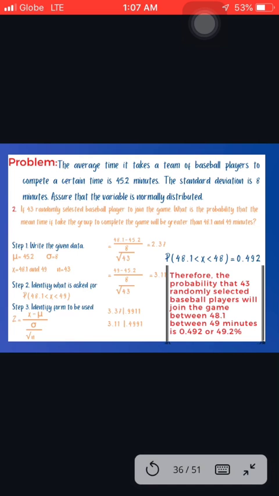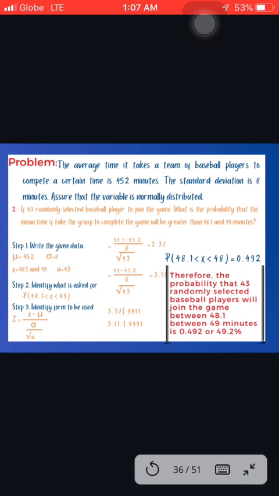Kung sino sa kanila yung nakuha natin sa z-value table na katapat nila, pag-minus-in natin, and always remember, kung sino yung mas mataas, kung sino yung mas mababa, yun yung i-minus natin sa mas mataas. So, kailangan hindi siya maging negative. So, ang sagot natin is x between 48.1 and 49 is equal to 0.492.